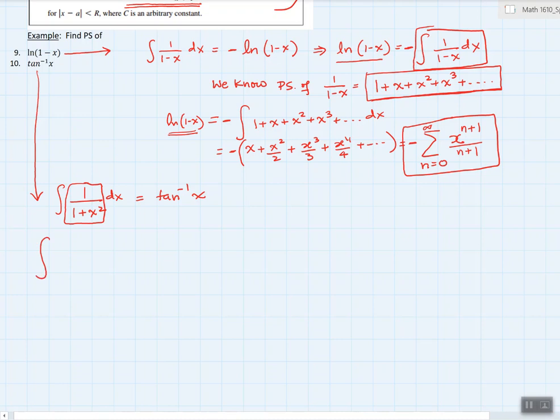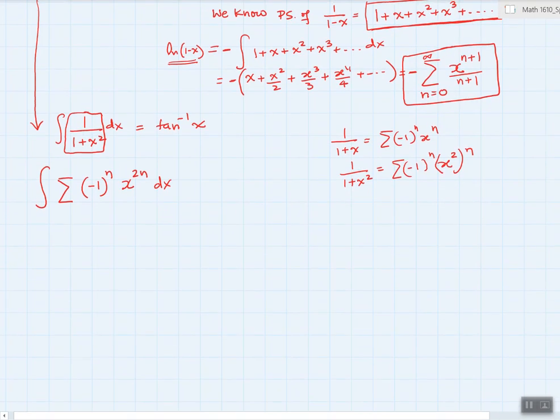So that means the integral of the summation of negative 1 to the power n, x to the power 2n, dx. Let me remind you, we know 1 over 1 plus x is the summation of minus 1 to the power n, x to the power n. Therefore 1 over 1 plus x squared would be: substitute x squared for x and you get x squared, and then raise it to the power n. So that's what I've written here.